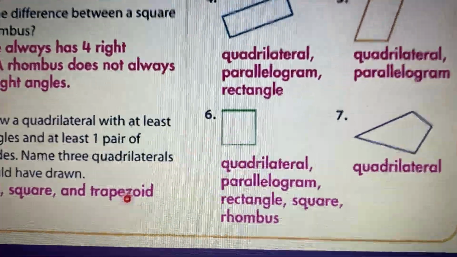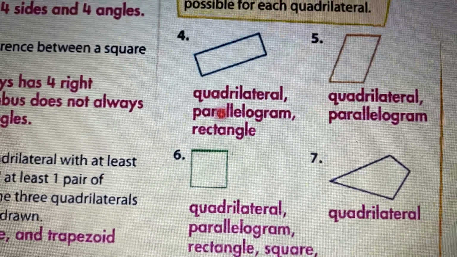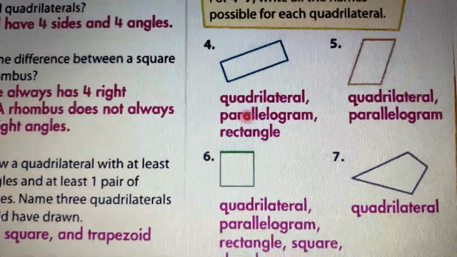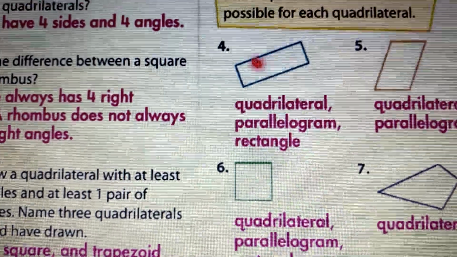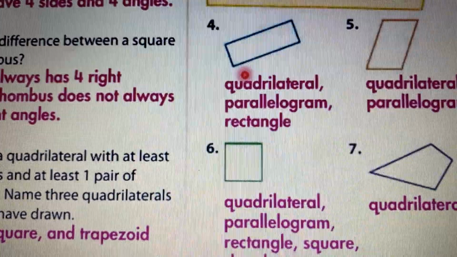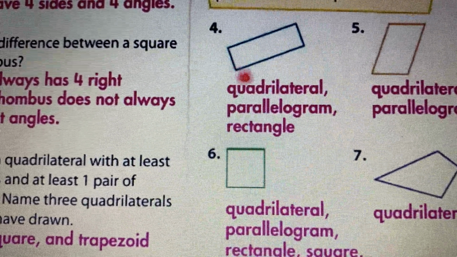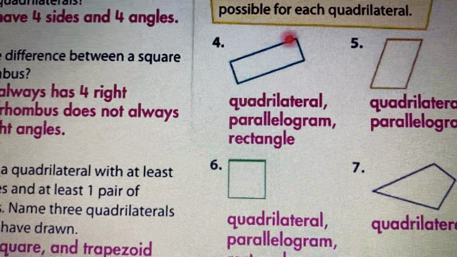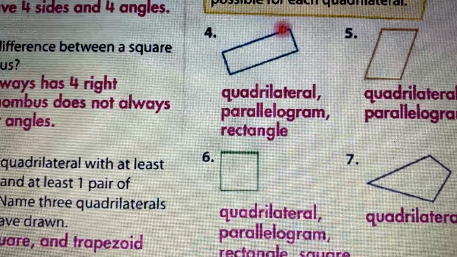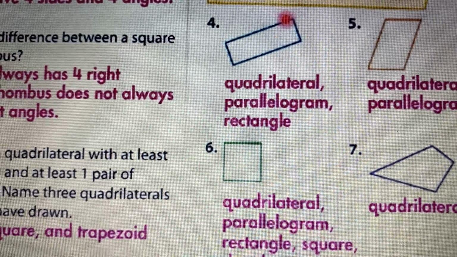What are they? First, this is a rectangle. Of course, it's a rectangle. Is it also a parallelogram? Yes, it is, because I have two pairs of parallel sides, right? So it's a parallelogram and a rectangle.